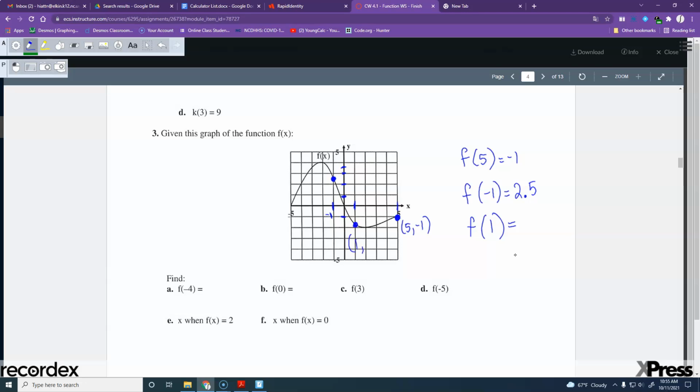Our x-coordinate right there is 1. What would our y-coordinate be? It's a little higher than -2, so I would say maybe something like -1.75. This point right here is what we're looking at.